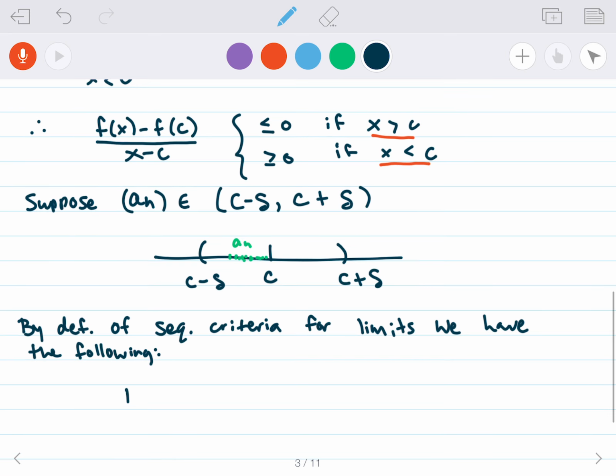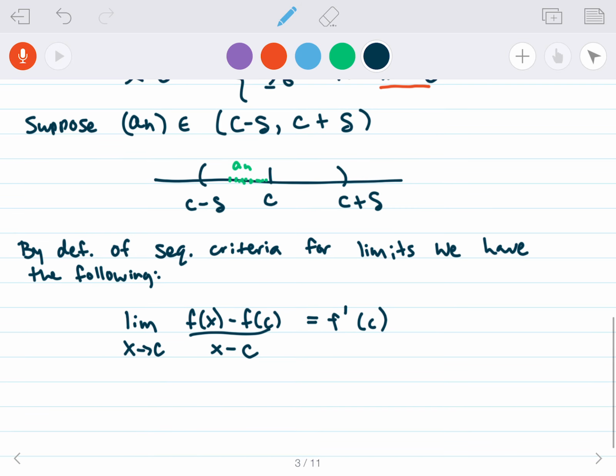We know by assumption that the limit as x goes to c of f of x minus f of c over x minus c does indeed equal the derivative at c. And since we have a sequence converging to c, by the sequential criteria for limits, that says that if I plug the sequence value in here, that thing is going to converge to f prime of c, right?